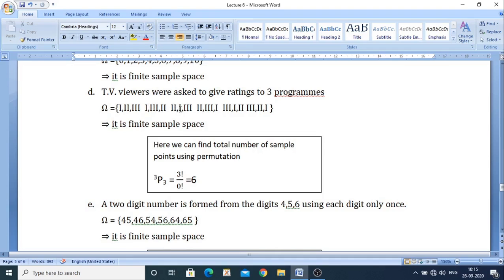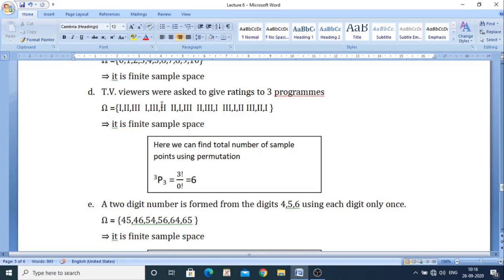Second rating is 2, first and 3. 2, 3, 1. 3, 1, 2 or 3, 2, 1. So the permutations we can write as A, B, C, like that. So the total number of permutations is 6. That is, here arrangement. So it is a finite sample space.